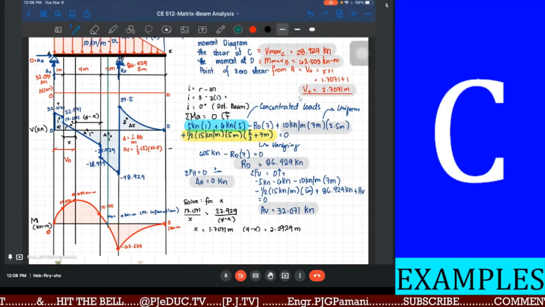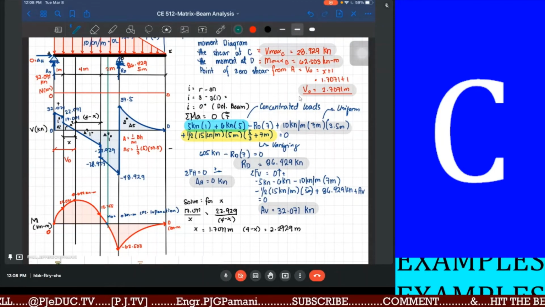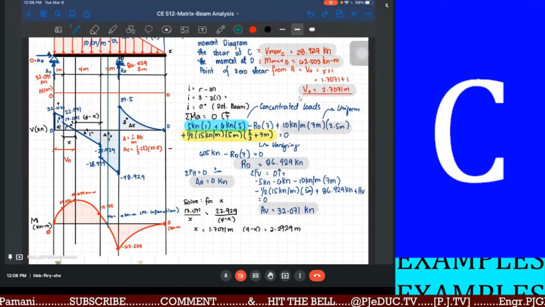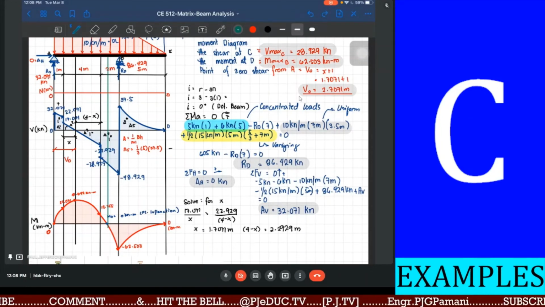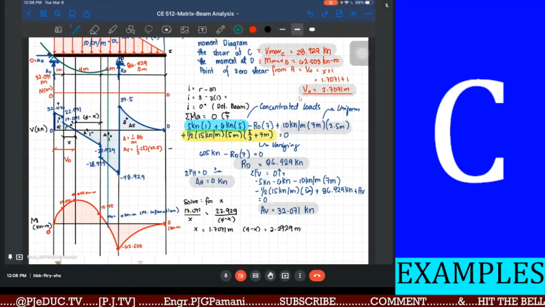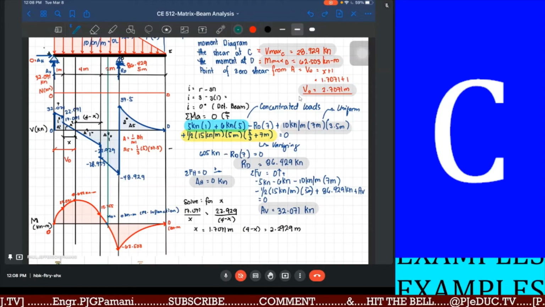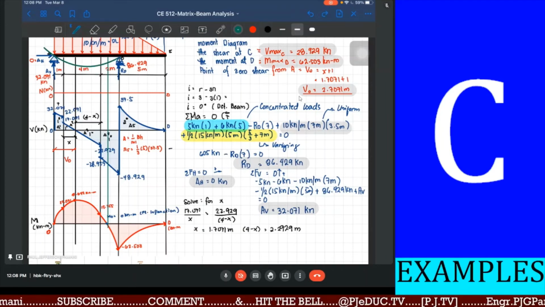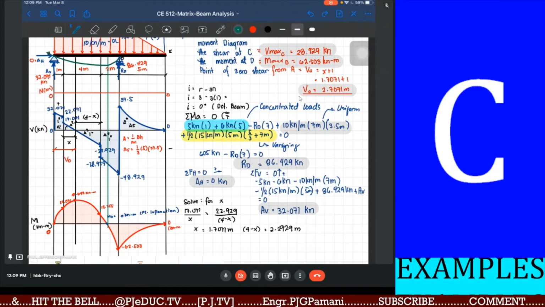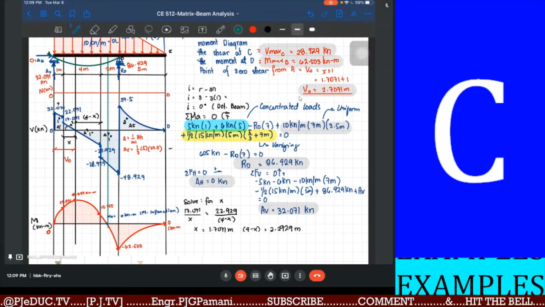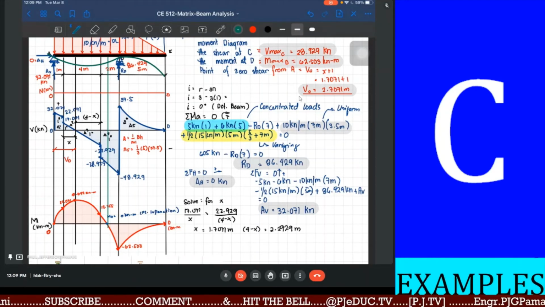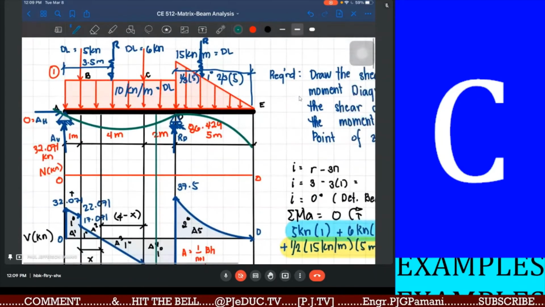Yeah. Then, from there, we can assume that the deflection will be identified in this manner.